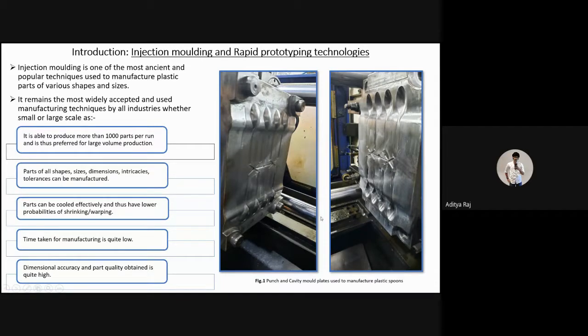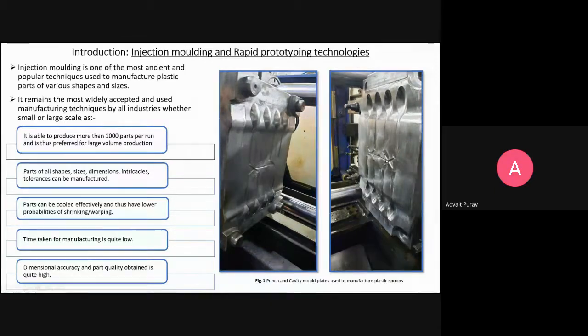In injection molding, we insert a molten plastic. The plastic is first heated and then melted and injected into the mold using a high pressure piston kind of thing, and it conforms to the shape of the mold. Okay. Anybody else? It is used for mass production, basically.